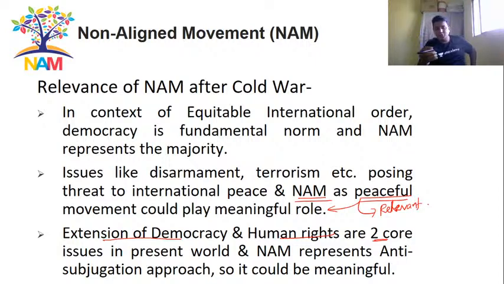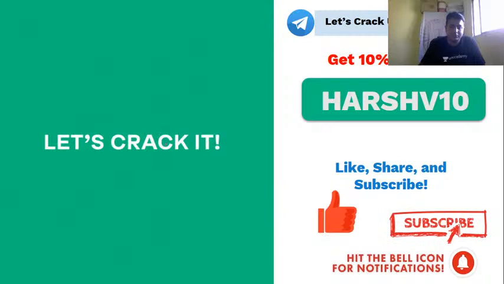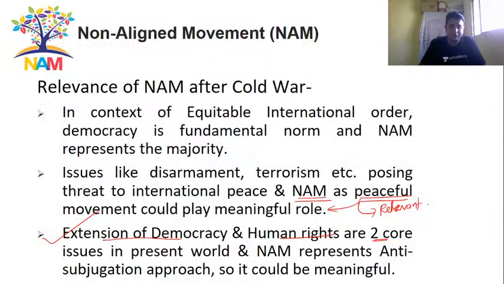These are the core issues in the world, and NAM represents an anti-subjugation, anti-dominance approach. Because these two ideas are universal ideas and NAM follows them, don't you think NAM is still relevant?